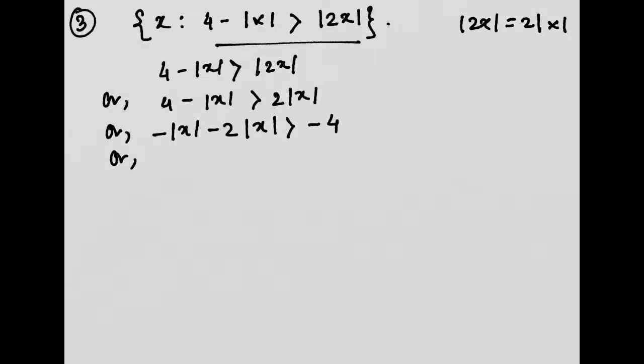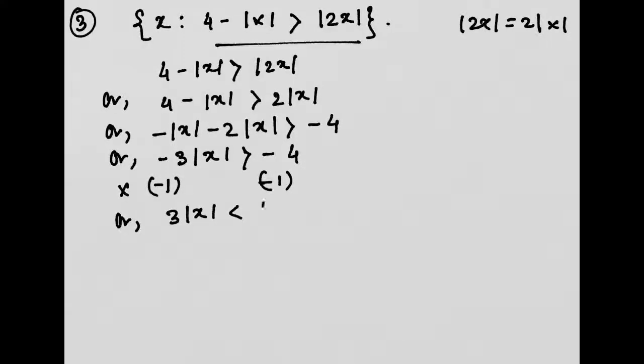Simply, for the inequalities, the way we have done so far, it is okay. So it is -3 mod x greater than -4. Now as I am multiplying both sides by -1, what I am having is 3 mod x less than 4, or mod x less than 4 by 3.